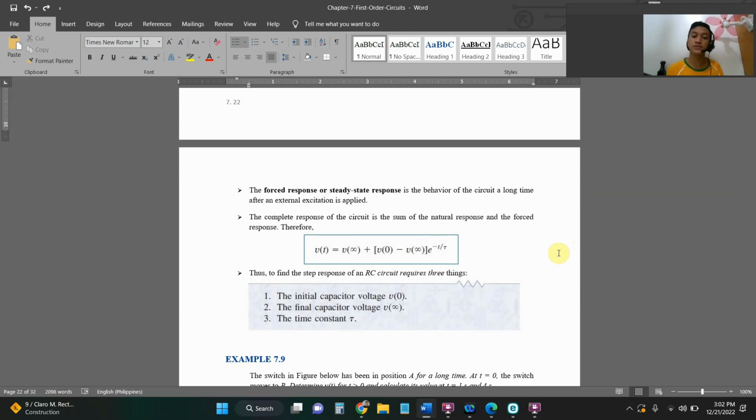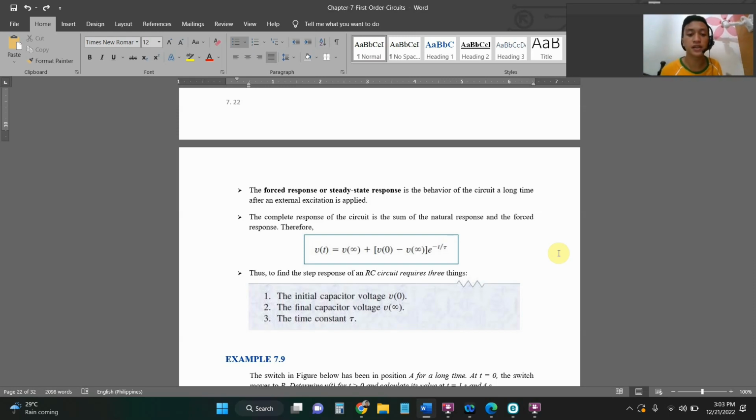The complete response of the circuit is the sum of the natural response and forced response. Therefore, we can get this formula: V(t) equals V(infinity) plus (V_0 minus V(infinity)) e^(-t/tau).